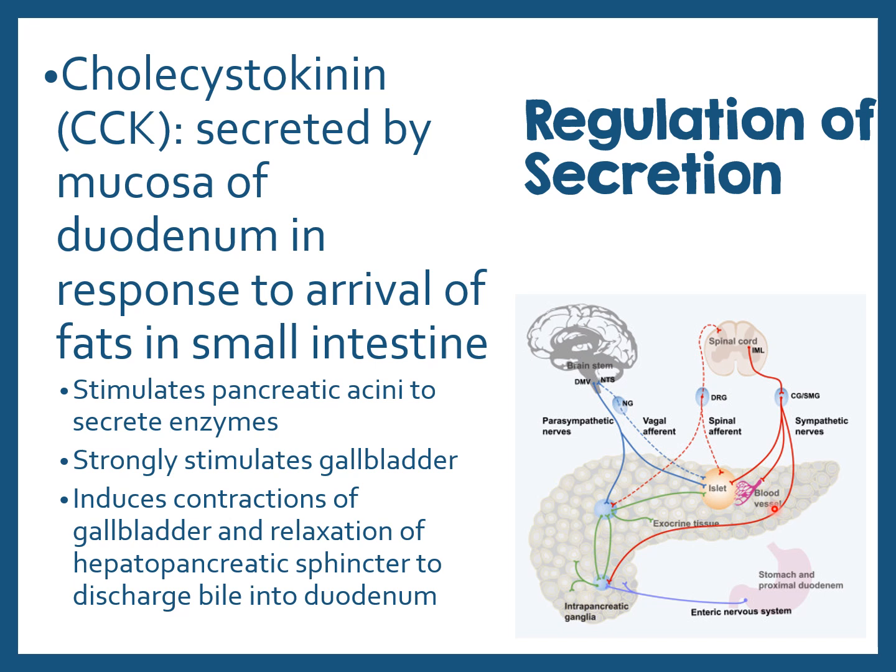Because if the sphincter is closed, then there's no good in releasing the secretions. So we've got to open up that sphincter. So the hepatopancreatic sphincter will open, and that way the bile can be released into the duodenum as well as the enzymes from the pancreas.